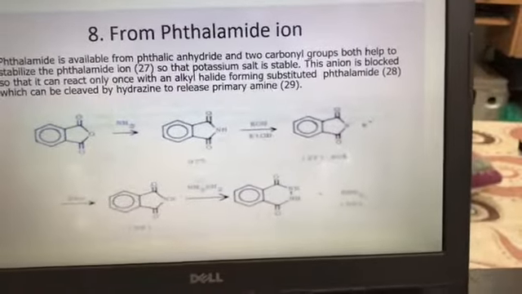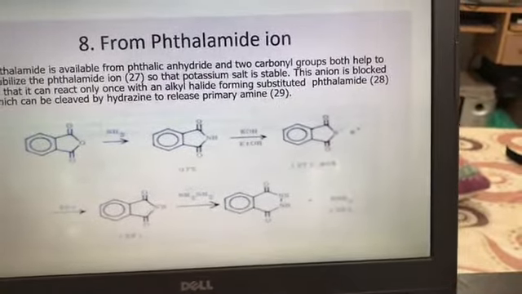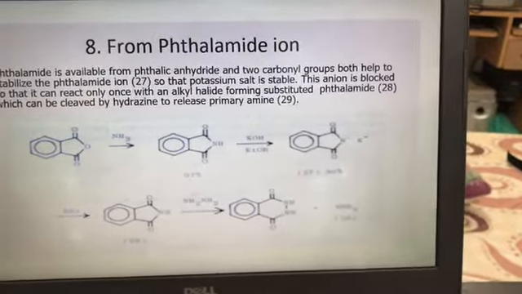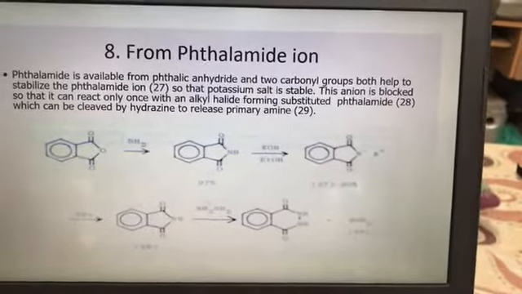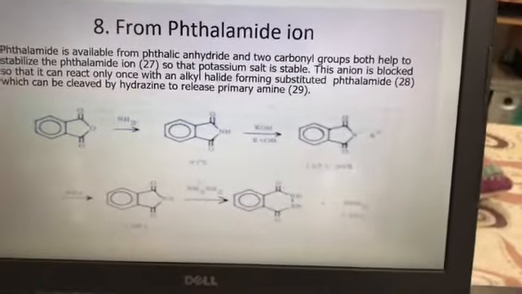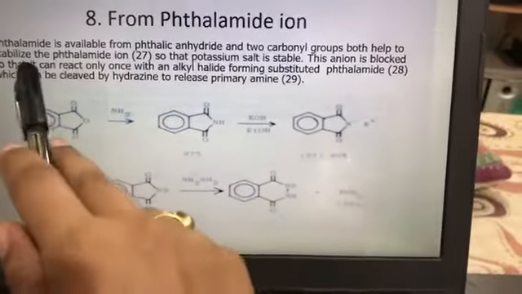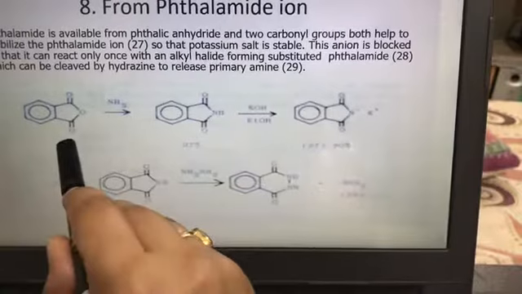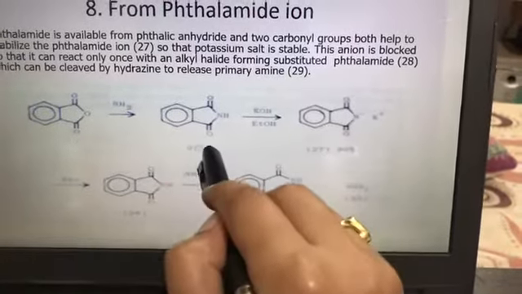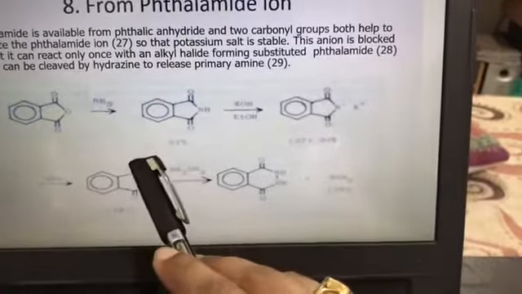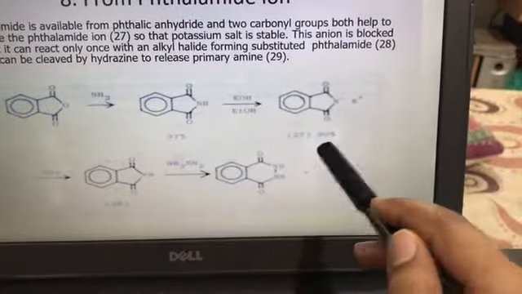Now the last method is from the phthalimide ion. Though phthalimide is used for formation of secondary amines, right? Here it is used for formation of primary amines too. Here phthalimide is obtained from phthalic anhydride. From phthalic anhydride we get phthalimide, and phthalimide gives us the phthalimide ion.